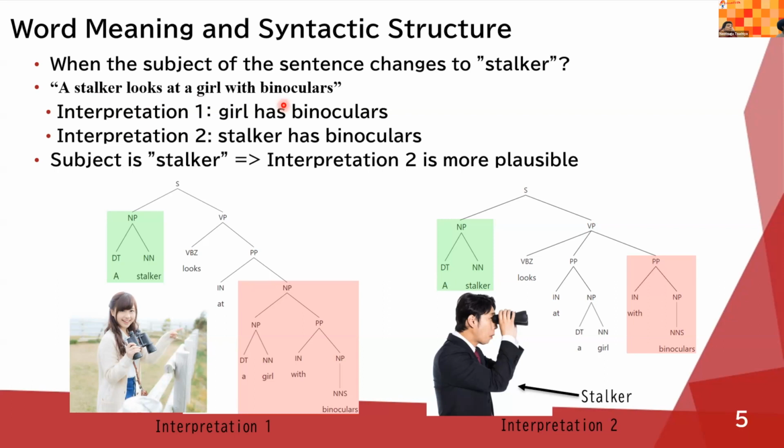Now there is more information than with a man, because a stalker is a kind of strange person. So in this case, the right-hand side interpretation, which means the stalker has binoculars, is more plausible than the left-hand side one.